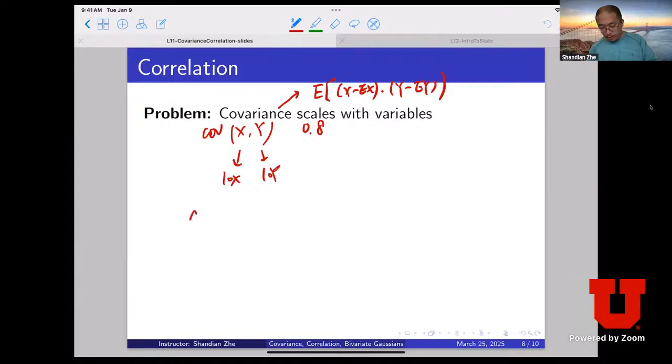So what is the covariance between 10x and 10y? We know that the covariance between x and y is 0.8, right? Now I just multiply x and y by a factor of 10. So then what is the covariance between 10x and 10y?